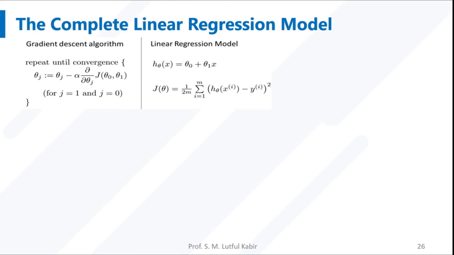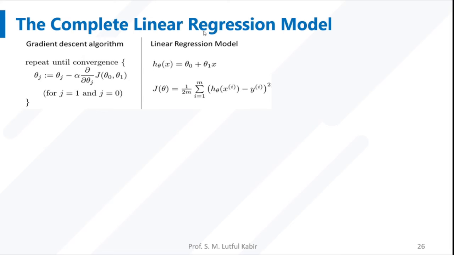Let us now discuss the complete linear regression model. We developed the gradient descent algorithm, which is shown on the left side. Repeat until convergence, update theta j with theta j minus alpha multiplied by the derivative of J(theta), where theta are theta 0 and theta 1. The partial derivative means you have to take the derivative of J with respect to theta 0 and again with respect to theta 1.